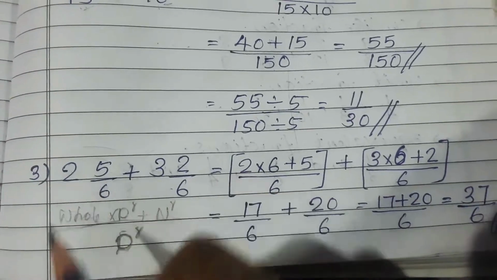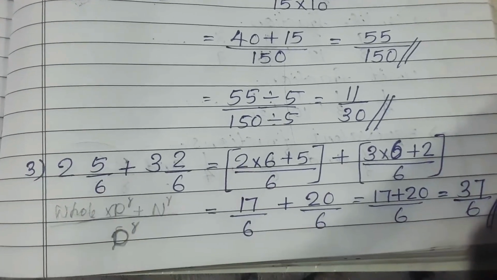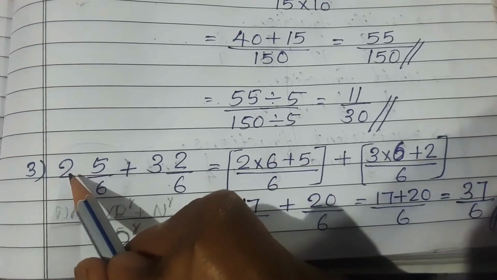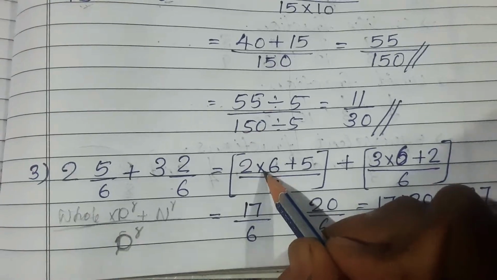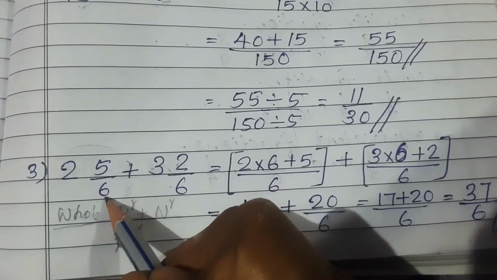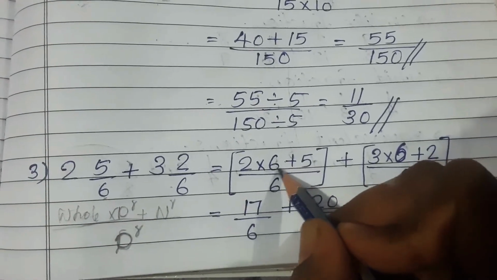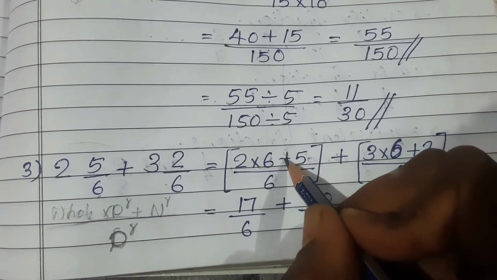Okay, so a mixed fraction has a whole part and a fraction part, isn't it? So first you take the whole, that is here 2. So 2 into the denominator. Here which is the denominator? 6 is the denominator, so you write 6, then put the plus symbol.